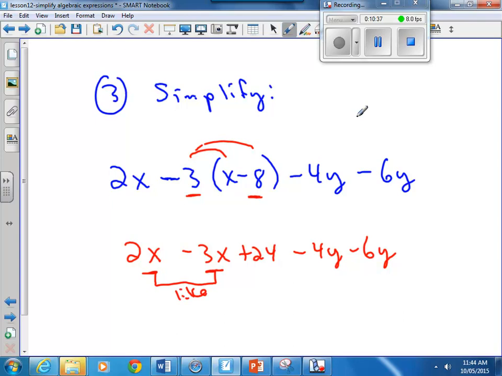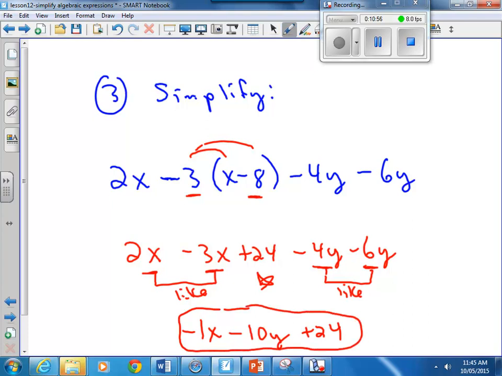So 2 lose 3, you'd be in the hole 1. So negative 1x. These two are like terms. So if you have a loss of 4 and then a loss of 6, you've got a loss of 10. So minus 10y. And then notice the 24 doesn't have anybody to go with in terms of like terms. So we arrive here, and voila, you got it.